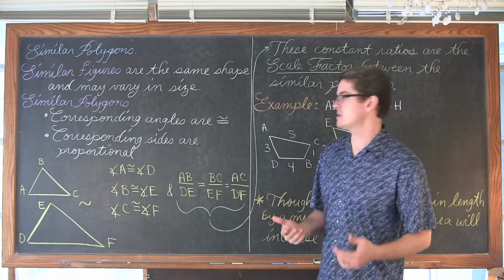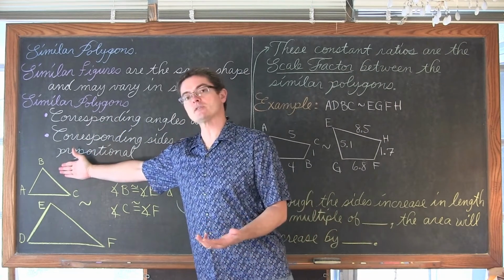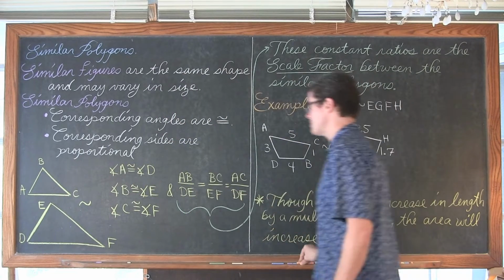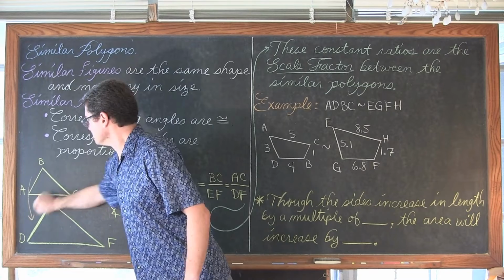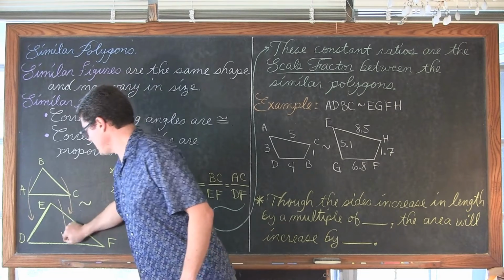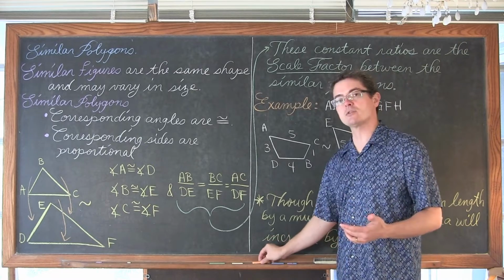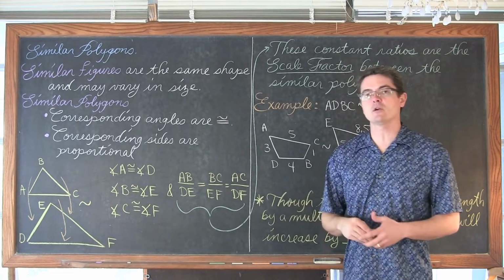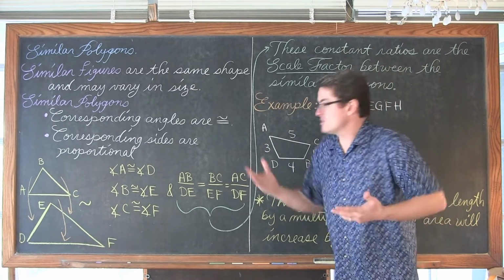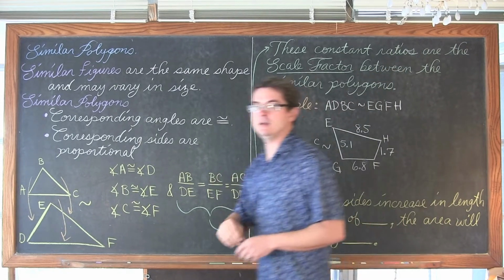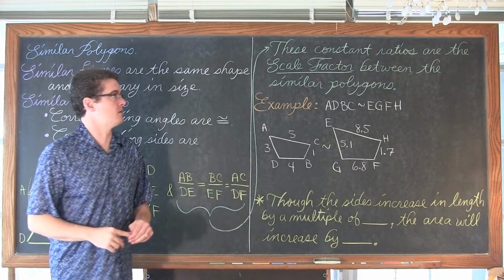In this particular case, I've gone from what I've drawn as a small triangle to a large triangle, making sure that you go in the same direction every time you set up these proportions. We're going to check to make sure that they're all equal so that I meet my second requirement for the check of these 2 polygons being similar. These all need to be equal for the shapes to be similar.